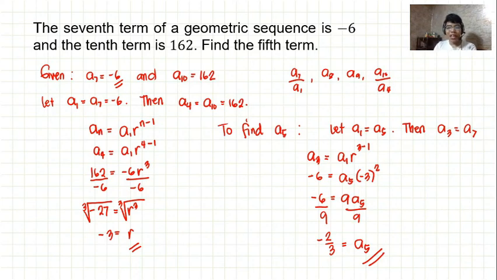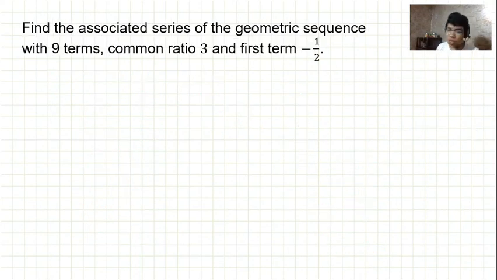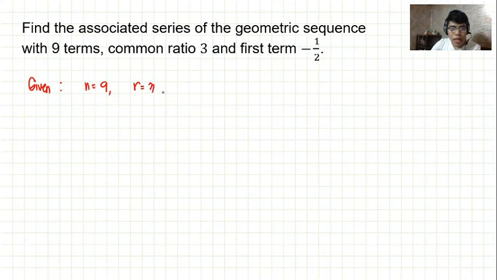Now, for the last number, we will find the associated series of a geometric sequence with 9 terms, common ratio 3, and first term negative 1/2. Here, the given values are n is 9, r is 3, and the first term a sub 1 is negative 1/2.